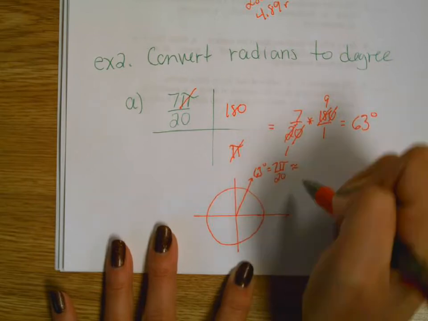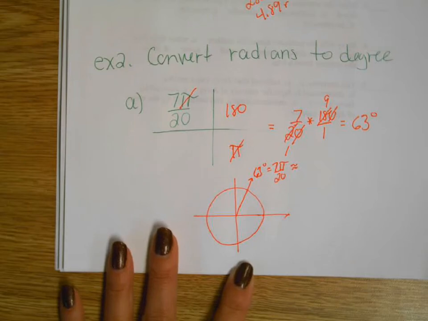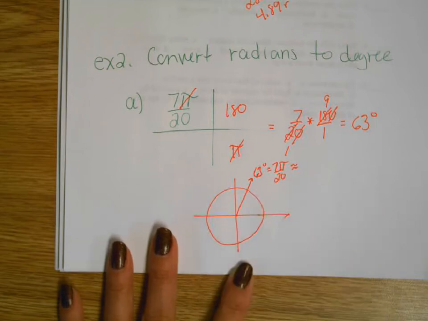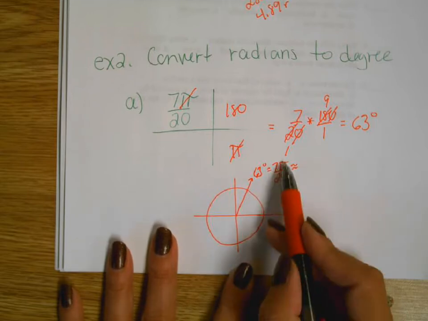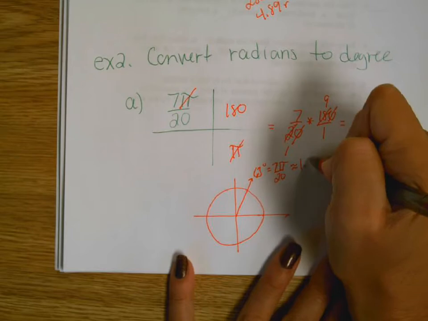And if we wanted the decimal, we could multiply 7 times pi over 20, and that would tell us how many radius lengths around it is. So how many radius lengths is that? Pi divided by 20. A little over 1 radius length, 1.1 radian.